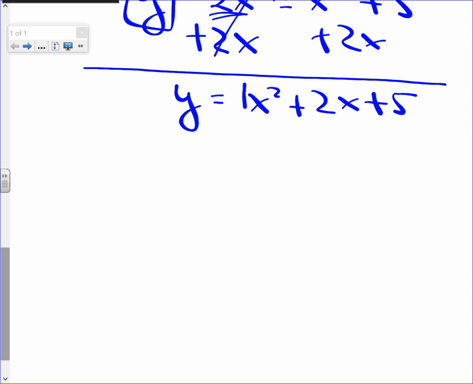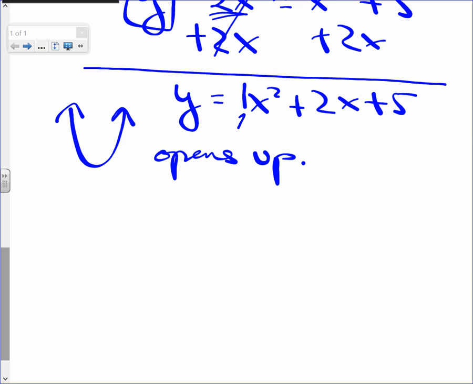Look, a is right here, and it's positive, so I already know it's going to be looking something like this. The parabola opens up. Put opens up because a is positive. I'll put a plus for positive. So I know it's opening up the graph.